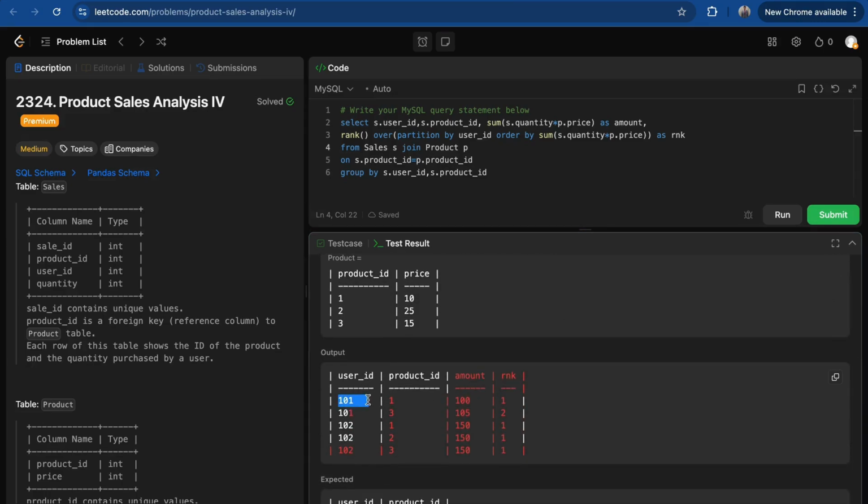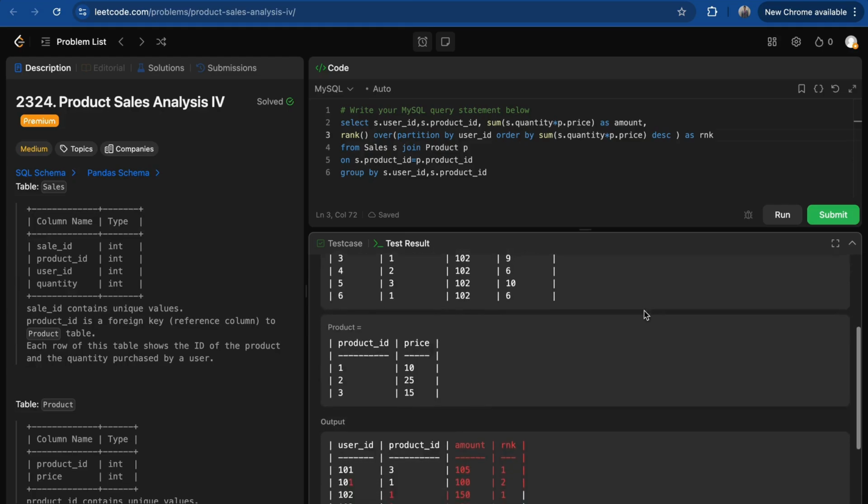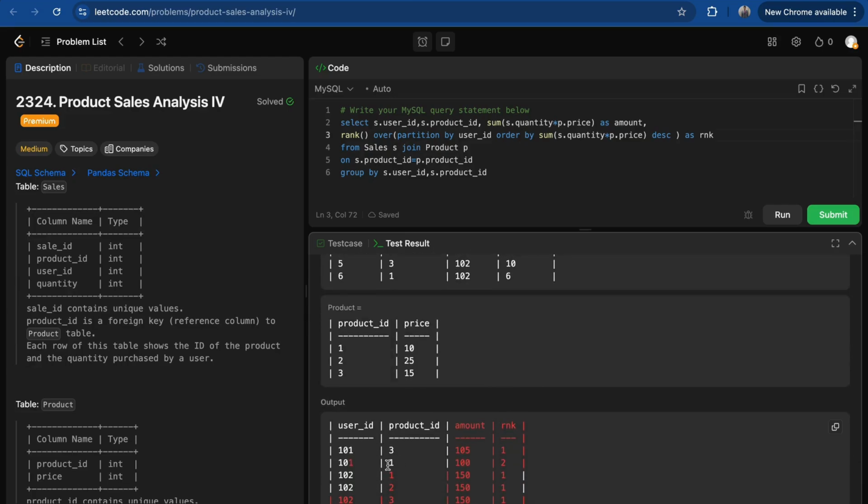For 101 we are getting this amount as 100 and the rank is 1. For 101 the next rank is 2, but we have to get it in descending order because we are finding where the user has spent the most money. So now for 101 we'll get rank 2 for 100 and rank 1 for 105, because he has spent the most money on 105.